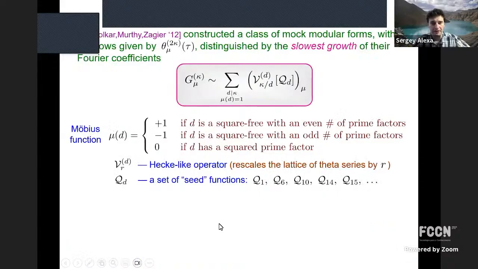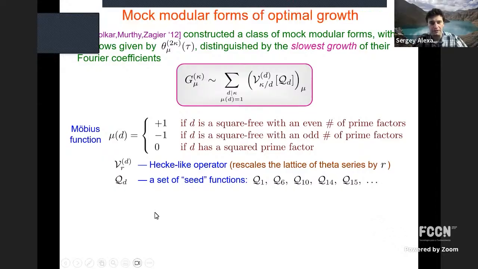More precisely, they were interested in mock modular forms with shadow given by this theta series, but they imposed an additional property that the Fourier coefficients of their mock modular forms have the so-called slowest growth. We do not care at all about this slowest growth property, but we can just borrow the solution. So they found some solution of our problem, and any solution would work for us. So let's just take it.